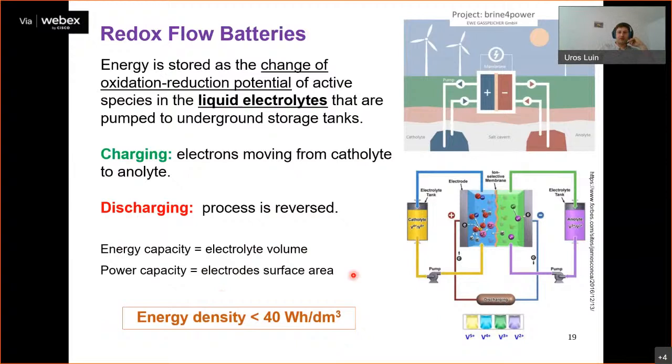Still, the energy density here is 10 times bigger than the previously shown technologies, but here are some other technical problems. Anyway, there are plenty of different chemistries that run redox flow batteries, and several of them are also deployed and already operational.